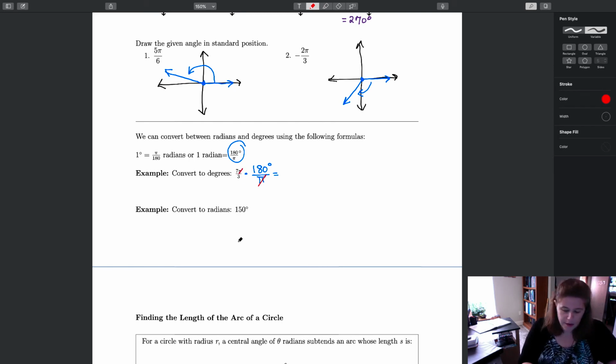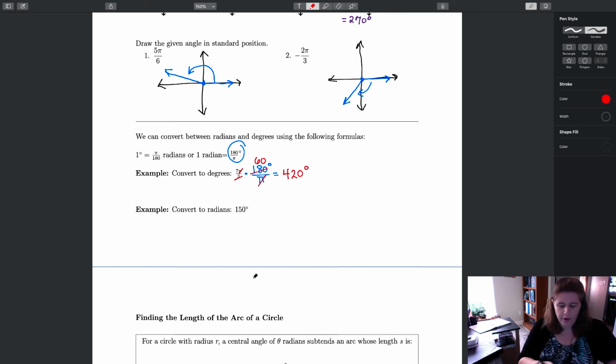And I also can cancel out this 3 into the 180. So 3 goes into 180 60 times. And we don't cancel the degrees out because that's what we want to be left with. So 7 times 60 gives me 420 degrees here.